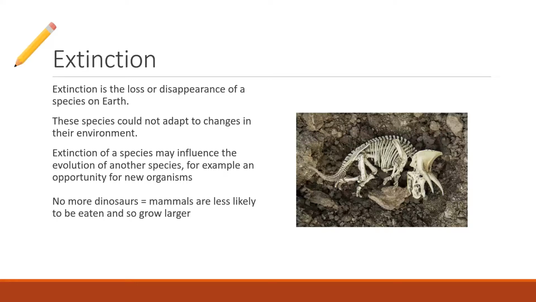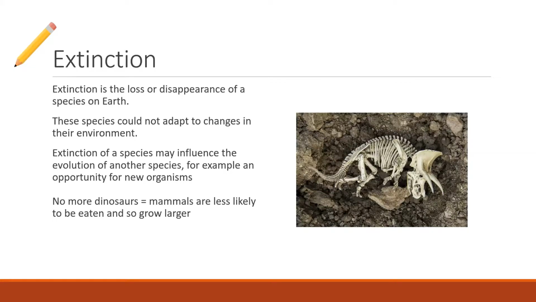Extinction is the loss or disappearance of a species on Earth. So that's when a species dies out. These species could not adapt to changes in their environment.